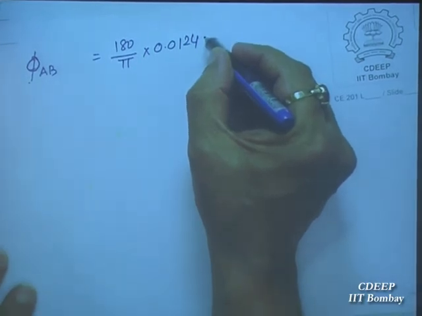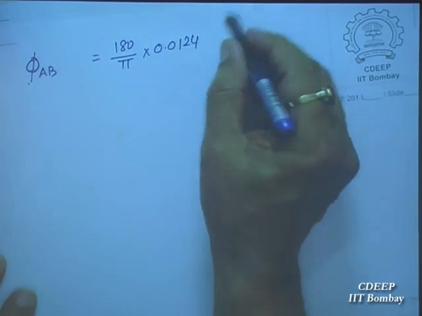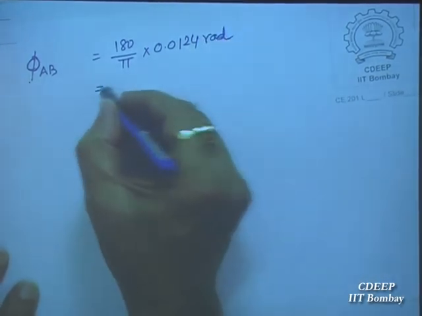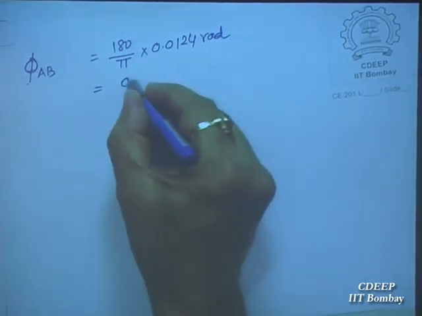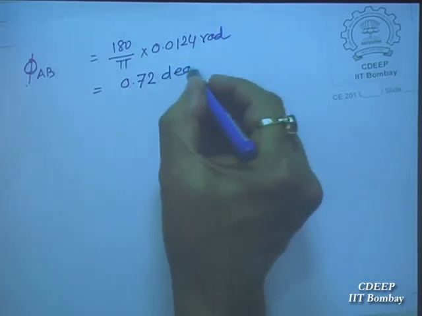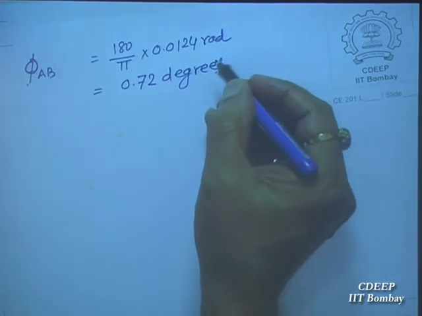What was 0.0124? It was radians. So this is in degrees, and this comes out to be 0.72 degrees.